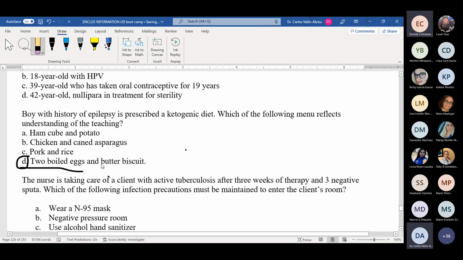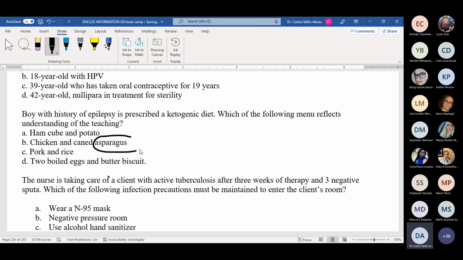Professor, but the biscuit is carbohydrate. Yes, bread, I know. I understand. Asparagus is carbohydrate and biscuit is carbohydrate, but this carbohydrate has a lot of fat. And I think that is the intention when I compare. So I agree that between B and D is the answer.